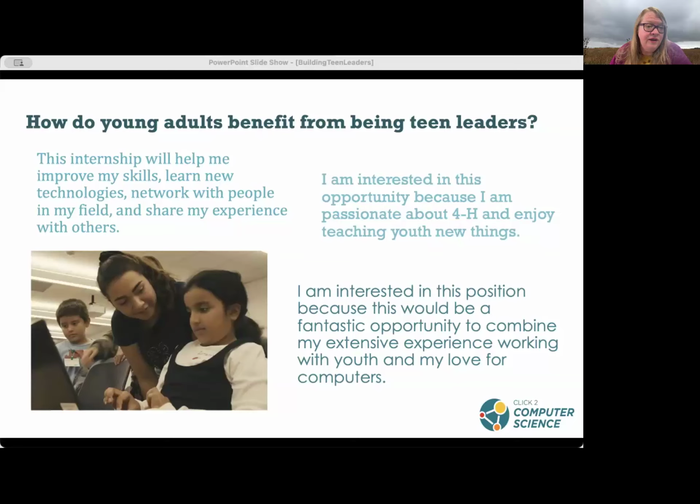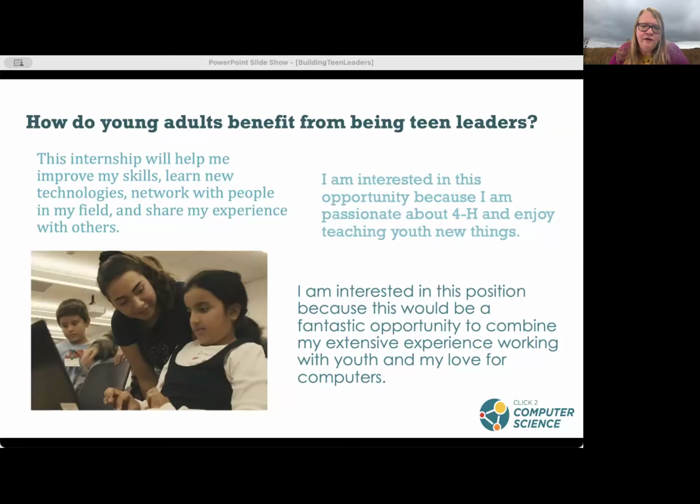They're service oriented. That's another thing that we talked about, Anne, as we were looking at this. They want to help. They want to be of service to others, and that's part of the reason they're interested in this experience. Hopefully we give them opportunities to connect to their passions.